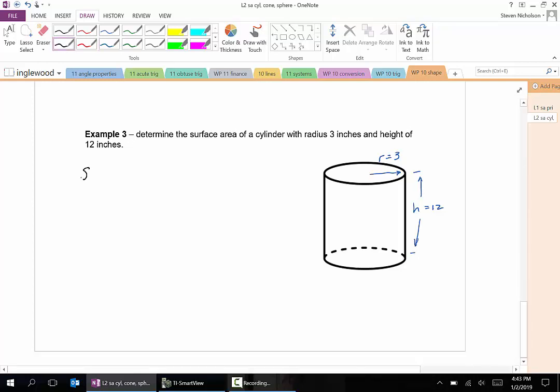And then finally, we have 2 pi r squared, that's the top and bottom, plus 2 pi r h, that's the lateral side.